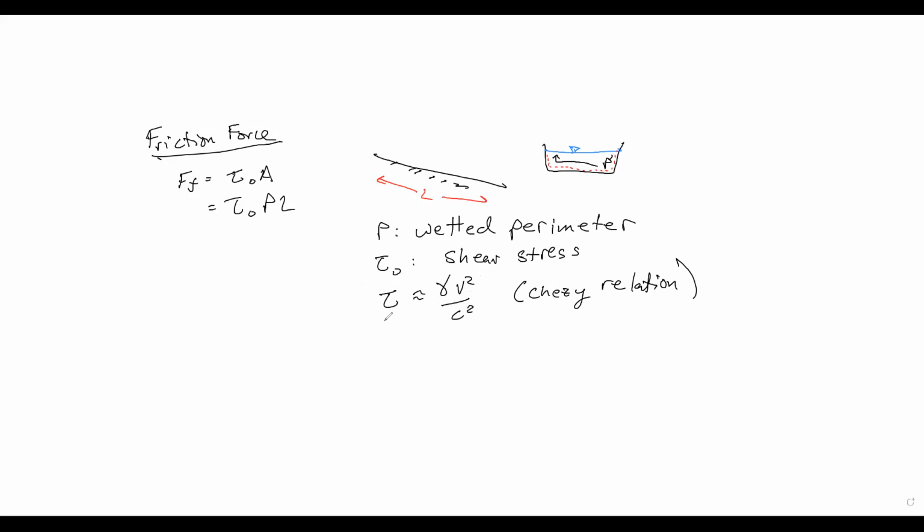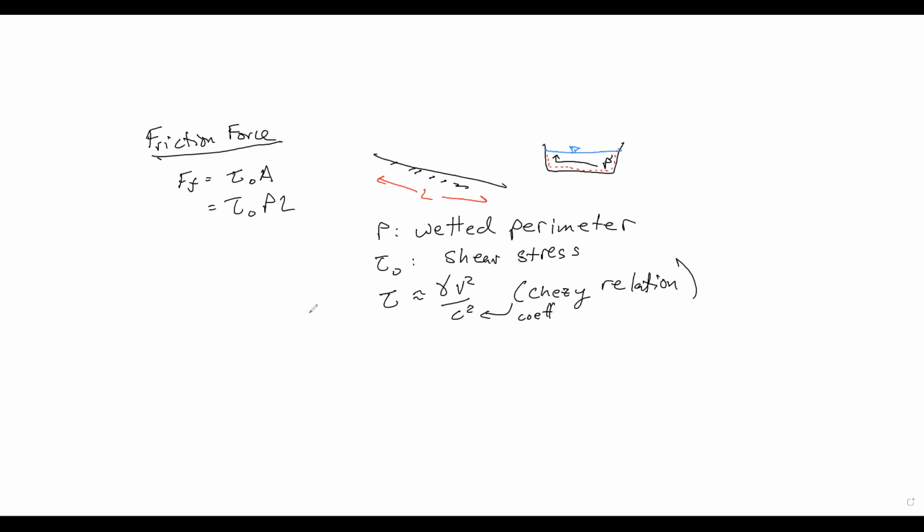This is how we approximate shear stress: it's approximated by velocity squared times gamma divided by this coefficient. This is the Chezy coefficient, which is based on the type of material in the bed. So we're going to have to take that on faith. You can read more about it in your book.